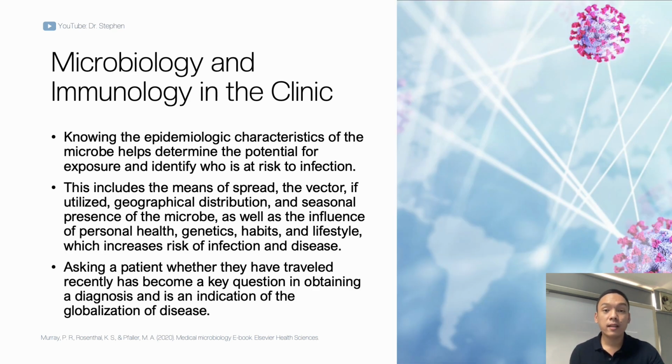Also, knowing the epidemiologic characteristics of the microbe will help us determine the potential for exposure and identify who is at risk of the infection. This includes the means of spread, such as the vector, the geographical distribution, the seasonal presence of the microbe, as well as the influence of personal health, genetics, habits, and lifestyle, which also increase the risk of infection and disease.